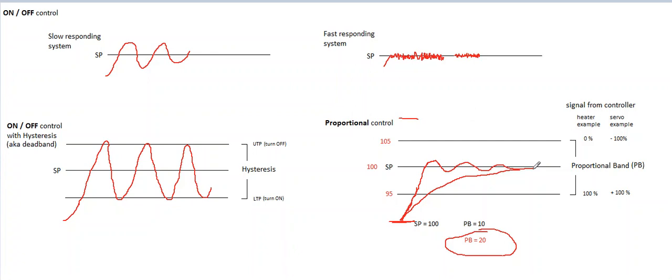It'll see that it's still there, it's still there, and it'll integrate that and pay attention to it. It'll become significant over time, and it'll give a little boost and get you right up to the set point. So that's what you add to proportional control. You would add integral control and get rid of the steady state error that you have when you just have proportional control. But that's another topic that we'll get to.